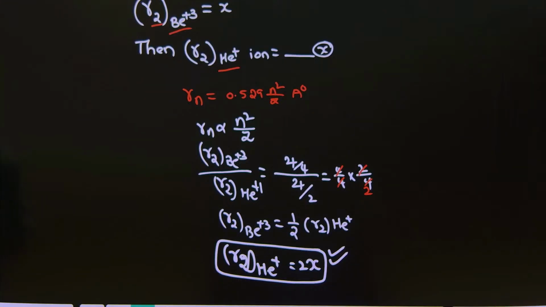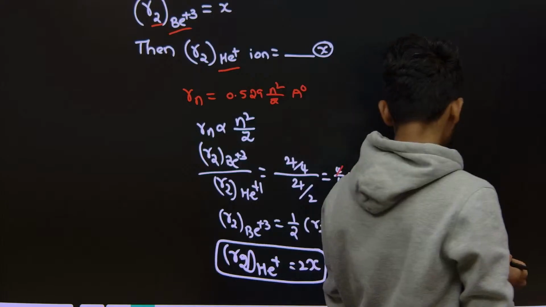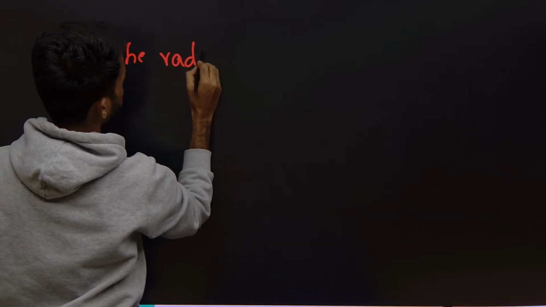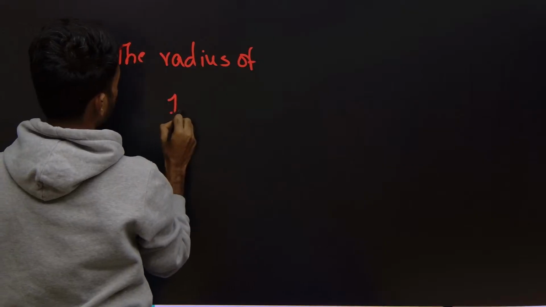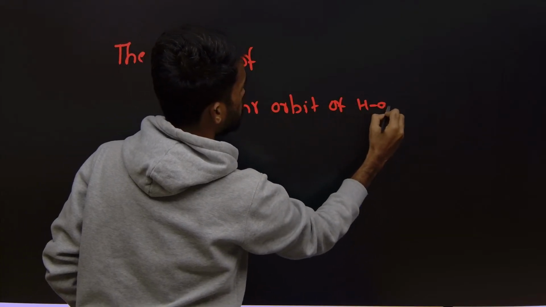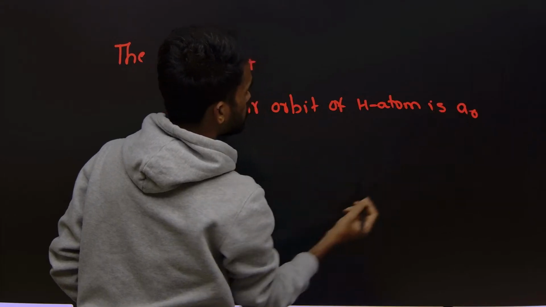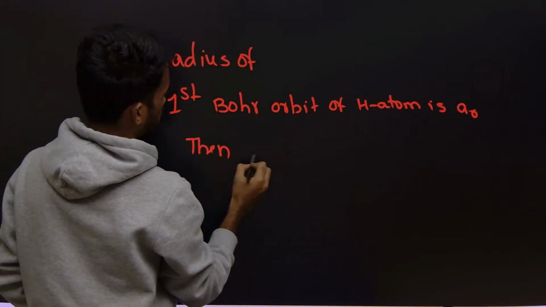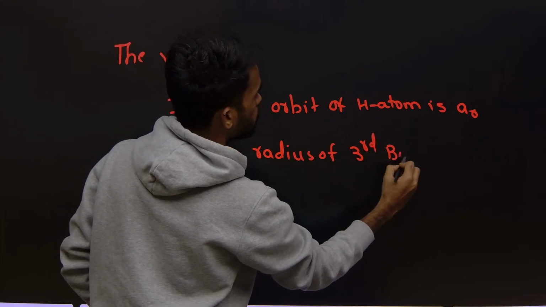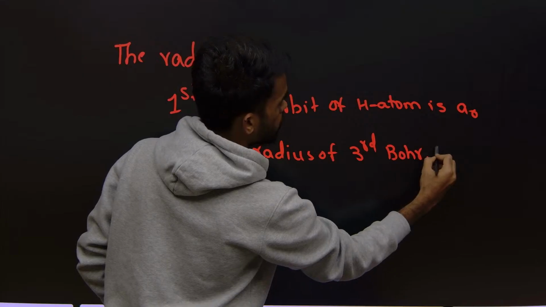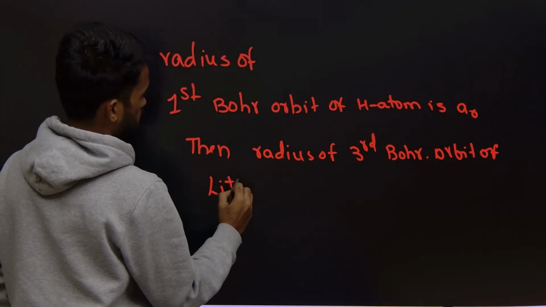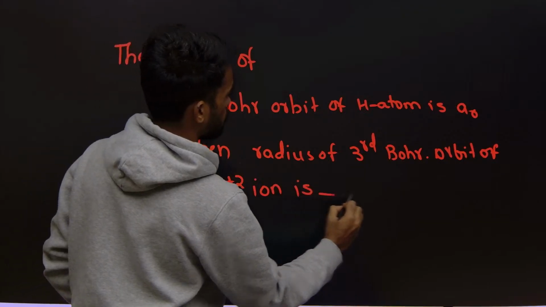Let me give you one more question. The radius of the first Bohr orbit of hydrogen atom is A0, then the radius of the third Bohr orbit of lithium plus 2 ion is how much?